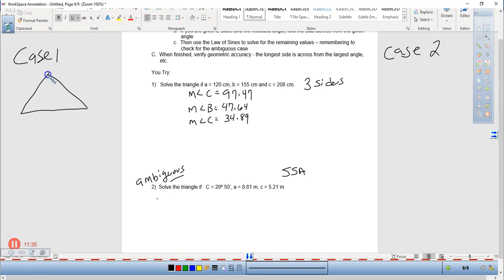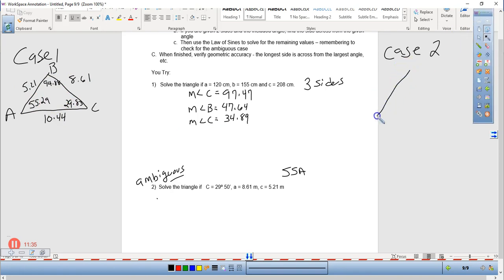So here, with A, B, C, angle A for case 1 is 55.29, angle C 29.83, and angle B 94.88, and side lengths of 8.61, 5.21, and 10.44. That's my case 1, and geometrically it does work out.